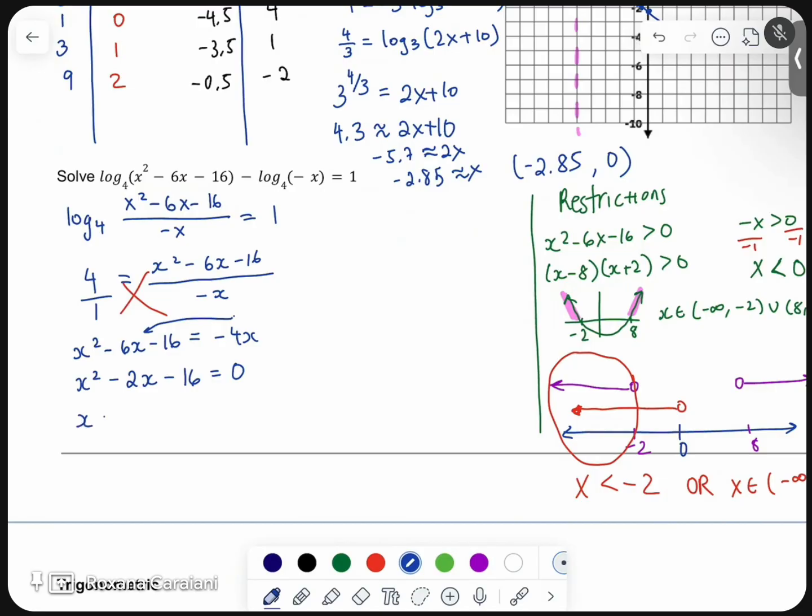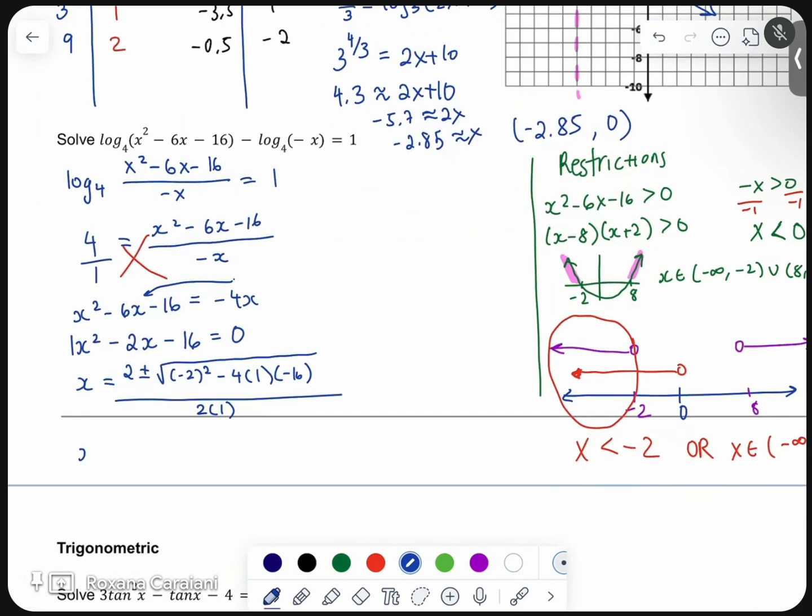So x equals negative b. b is negative 2, so 2 plus or minus the square root of b squared minus 4 times a, which is the invisible 1, times c, which is negative 16, all over 2a.